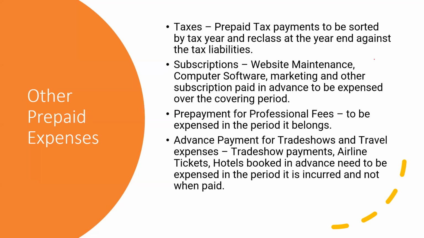Same way, any kind of travel expense, hotel stay, or car rentals should be expensed in the month when the travel takes place. That is also a very common item which will have a prepaid expense. Normally, you book it to prepaid expense and expense it in the month it belongs.